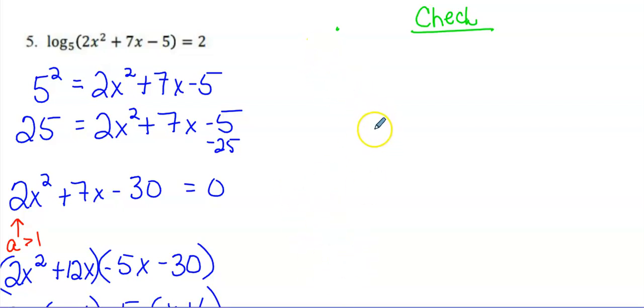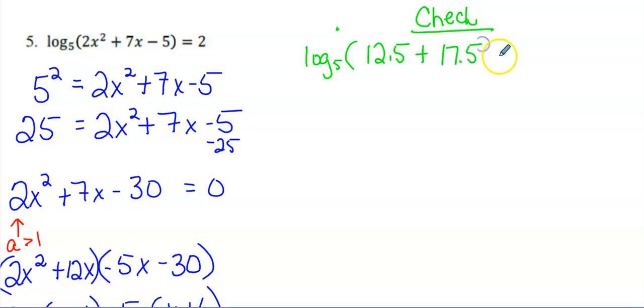All right, so let's check the 2.5 first. So let's see, 2.5 squared times 2, I'm just going to tell you is 12.5, plus, and then 7 times 2.5, 17.5, minus 5 equals 25.